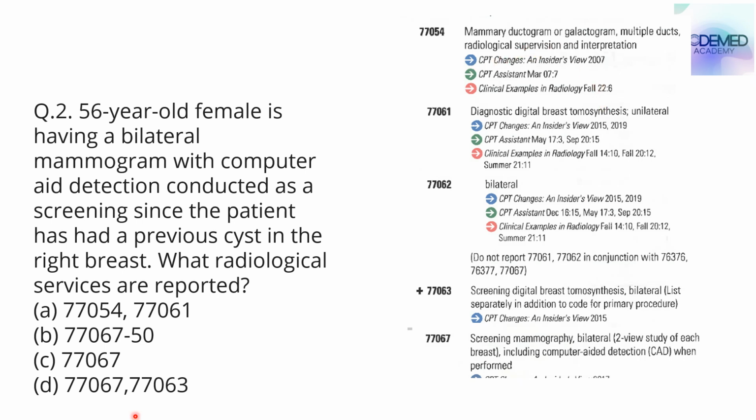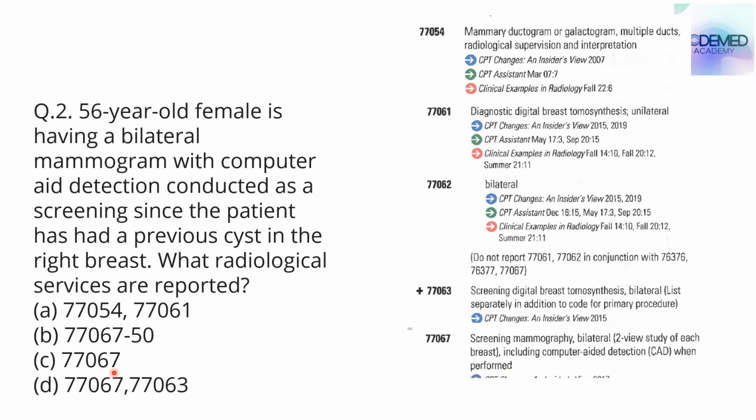That didn't happen, so that answer is automatically wrong. And B, C, and D talk about the screening digital breast tomosynthesis. That didn't happen. So between B and C, we need to decide the code.